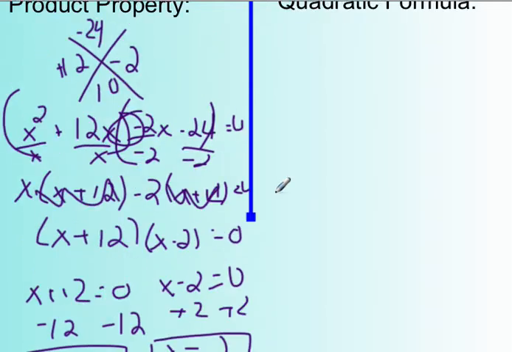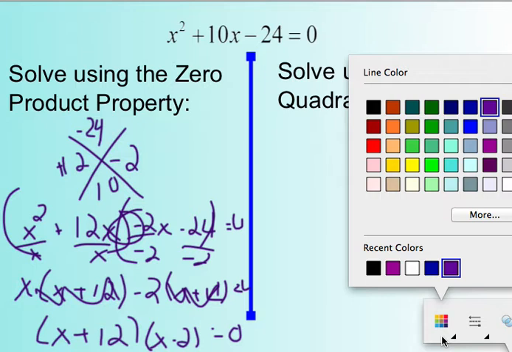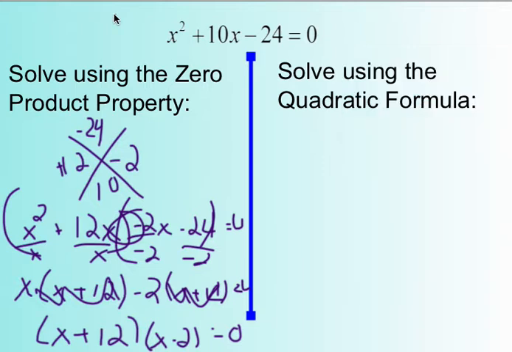So let's try this using the quadratic formula. I do want you guys to be practicing both because you need to be comfortable using both methods. So my a is equal to 1, my b is equal to 10, and my c is equal to negative 24. So now I want to solve using the quadratic formula.